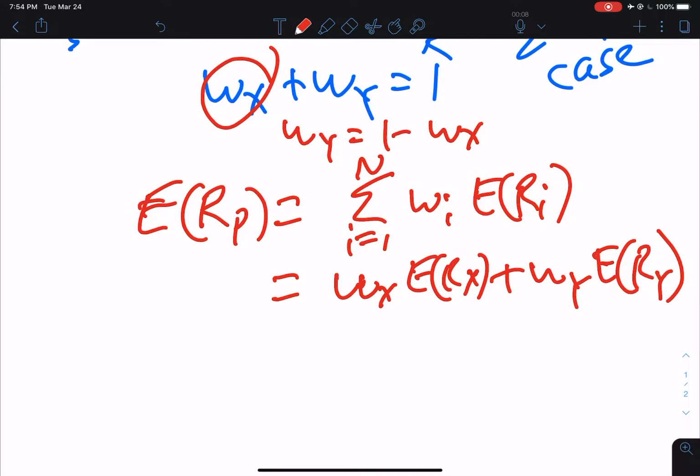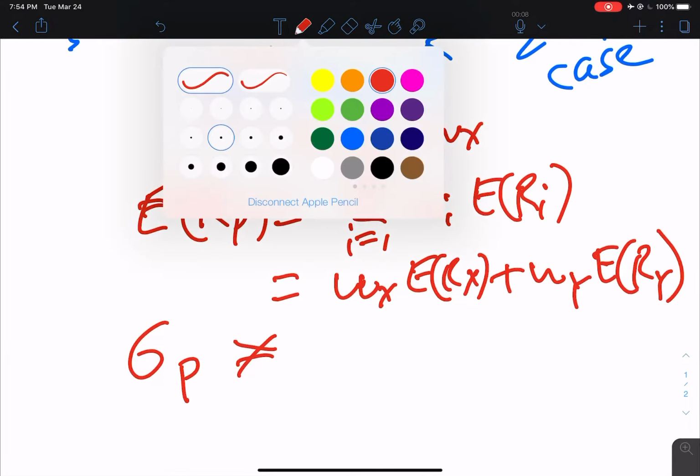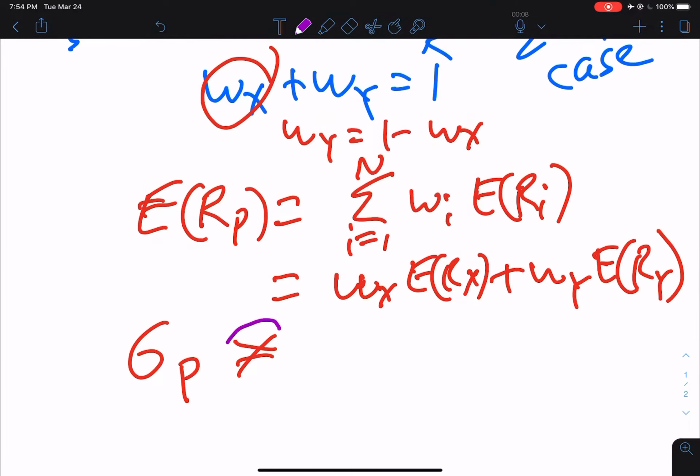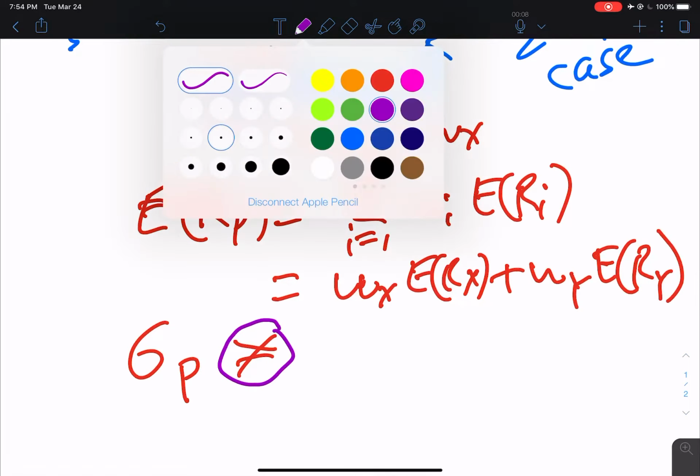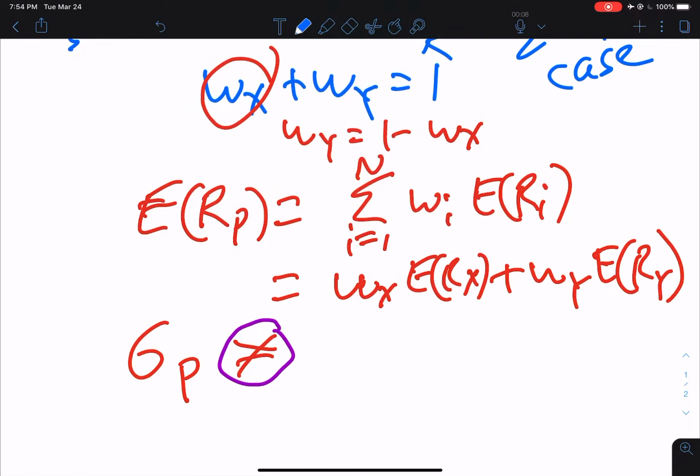One very, very important thing to understand is that the standard deviation of the portfolio's return does not equal a simple weighted average of the standard deviations of returns for individual securities.